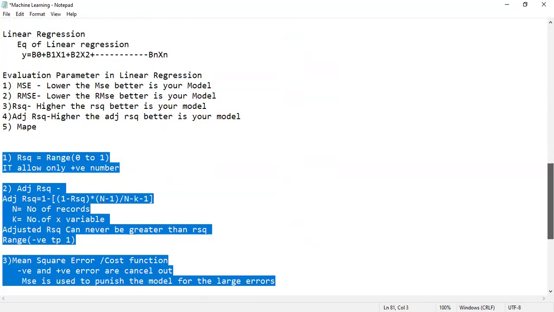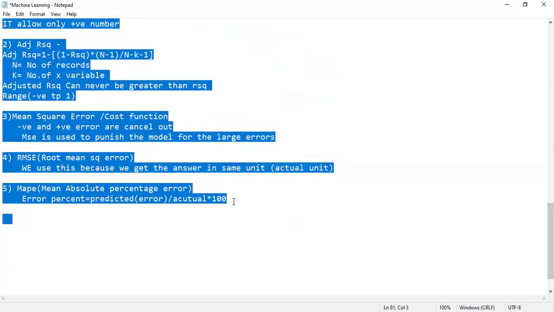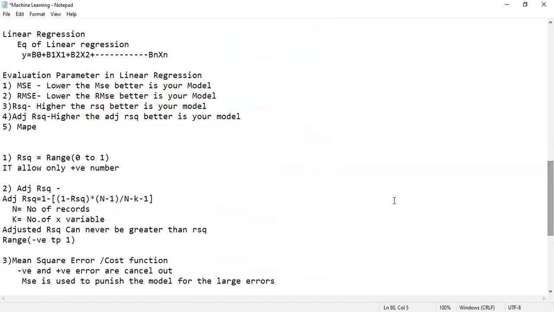The most important thing, for MAPE I have not told you what it will be: lower the MAPE, better is your model, because we are taking the percentage of the mean.